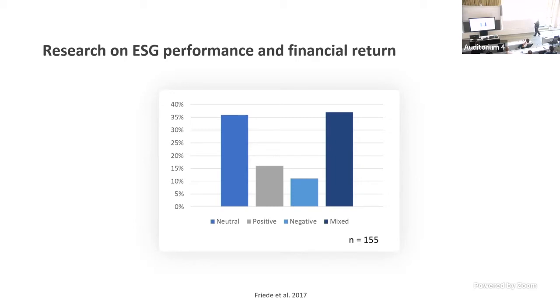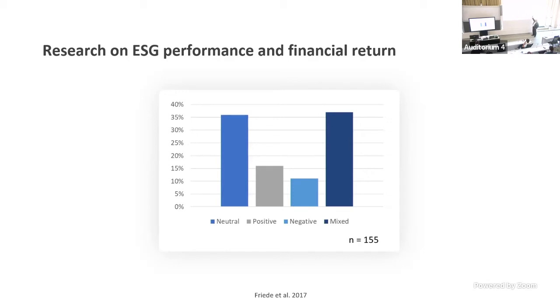This is just numbers from a study. It's one of those meta studies where they went through a bunch of different studies, 155 to be precise. And then the financial return, is it positive or is it not? As you can see here, neutral, that means basically zero return, a little more than a third of the studies.